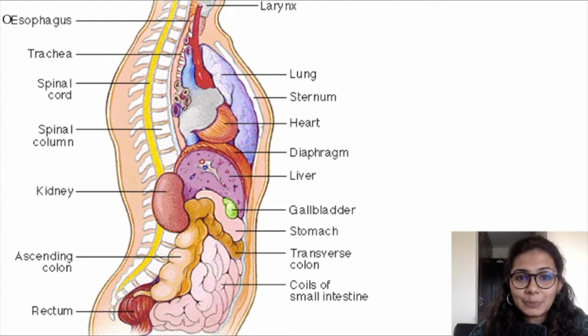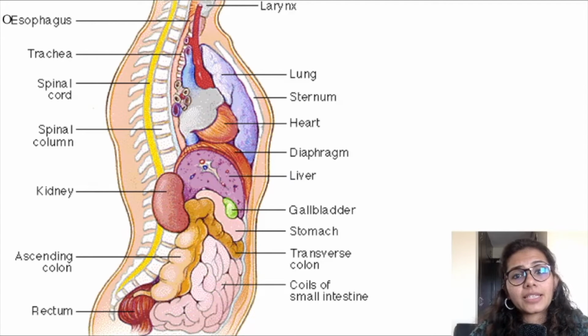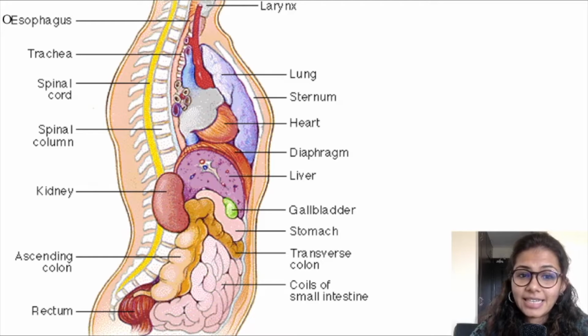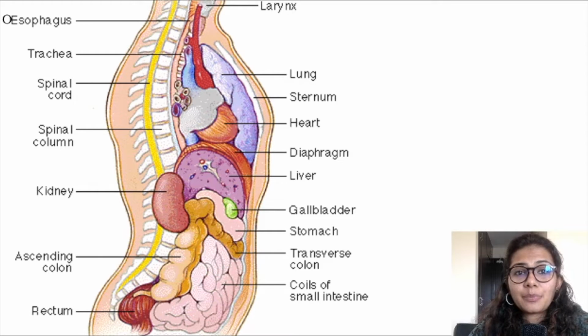So you can see that the heart is being protected by the lungs and sternum, and then comes the liver and the rest of the alimentary canal. Behind it, we have our kidneys and the excretory system, and also we can see that the food pipe, that is esophagus, comes behind the trachea, that is windpipe.